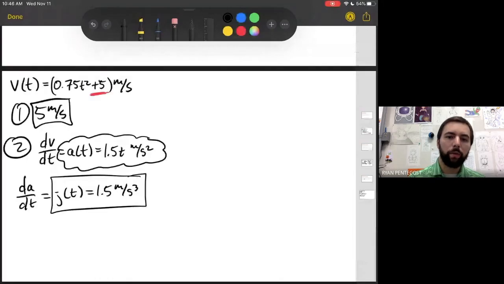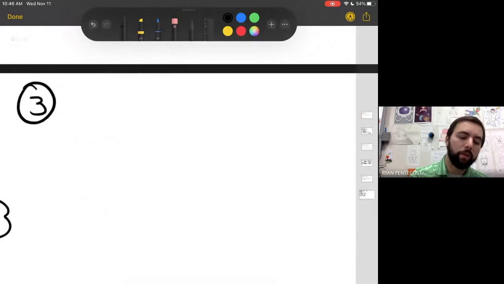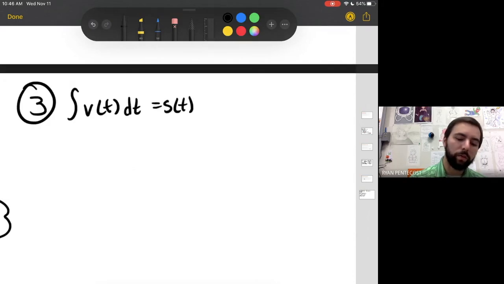Now for number 3. This one's going to be tricky. This is the hard one. It says, how long until she crosses the finish line at the bottom of the hill? So what we need to do is find the position function, and then we know that she's 50 meters from the finish line, so see how long it takes her to travel those 50 meters. So we have the integral of v of t dt, which would give us the position function, right?